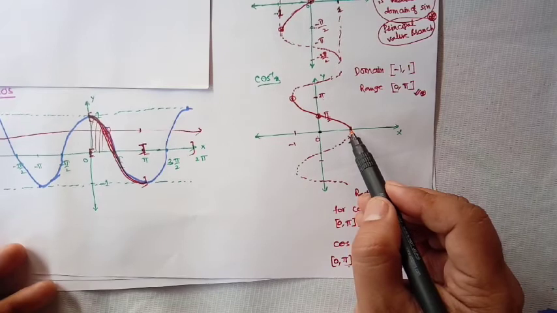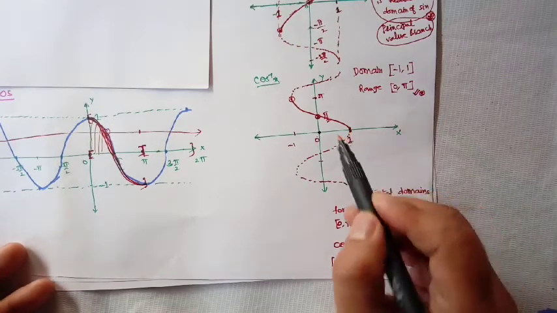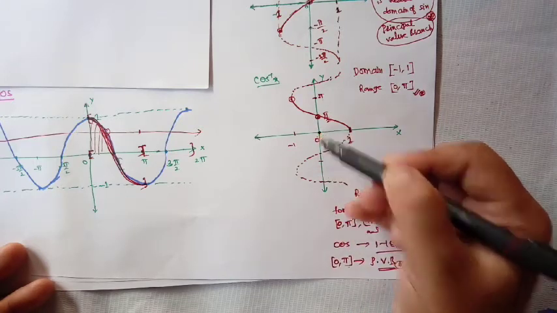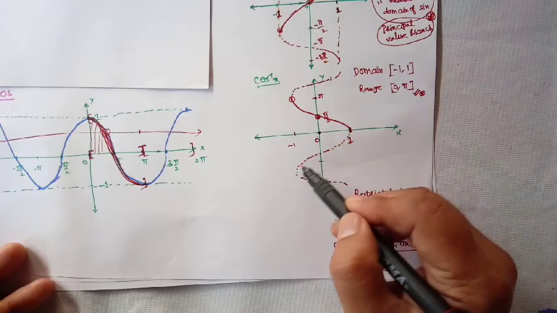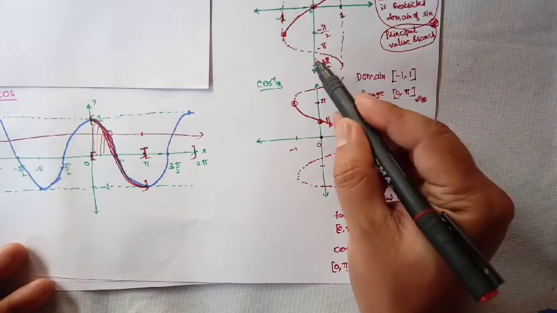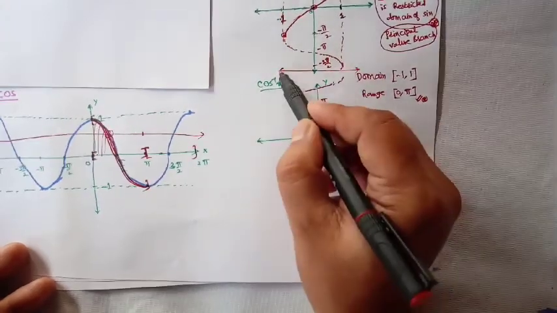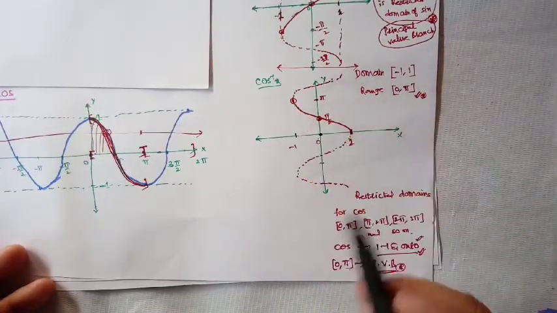Extending it for the other domains, it can be taken as minus pi to 0, minus 2 pi to minus pi, and extending it for the upper also in this way. So these two are different. Okay, so this is the main graph of the cos inverse.